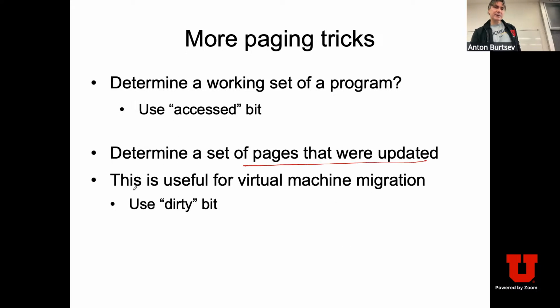And it's used in virtual machine migration. Again, Intel rolled in other features, which I'm not covering in this class, because they were trying to optimize this tracking of the dirty working set, the dirty pages. The reason is that in virtual machine migration, the idea is that the user perceives only a minimal downtime.